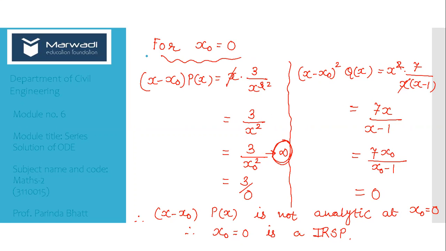This p of x and q of x remain as they are; only your point is changed. Now your x0 is 1. Quickly check that, everyone. Come on, do it fast. You can do it. If you have any doubt, you can raise your hand. Otherwise, quickly calculate in your book and type your answer: is this regular singular or irregular?